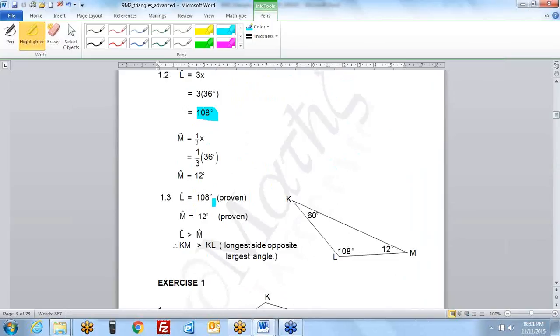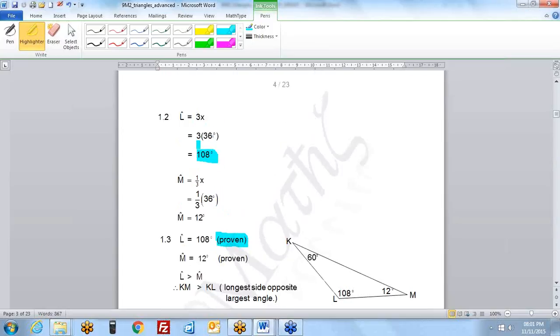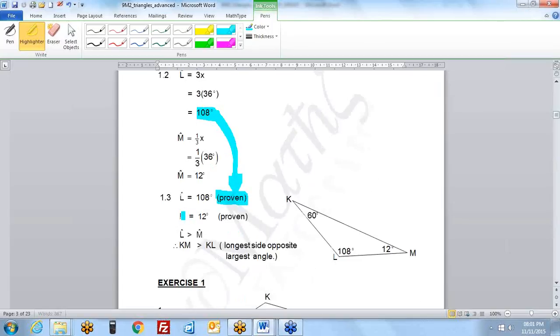So now you just compare the two. Angle L, which we proved was 108 degrees. You still have to give a reason for why you say angle L equals 108 degrees. You just mention, I proved it earlier on. That's why we used the word proven in brackets. Then you say angle M equals 12 degrees, the same thing that has already been proven.